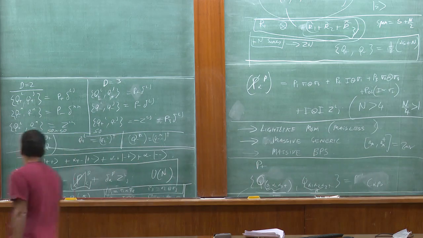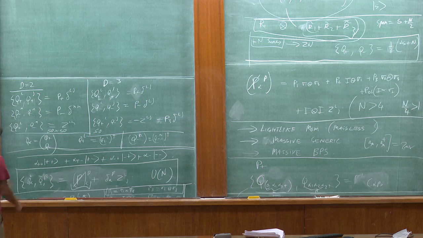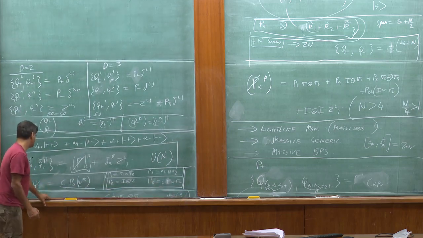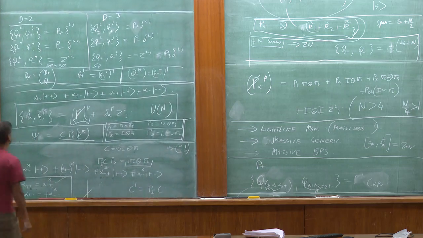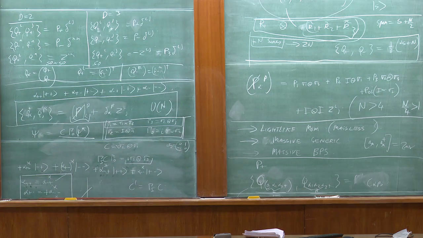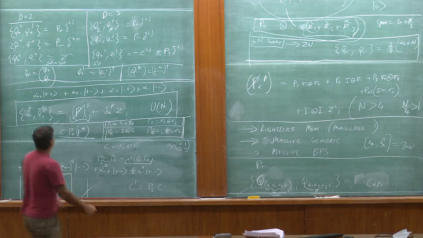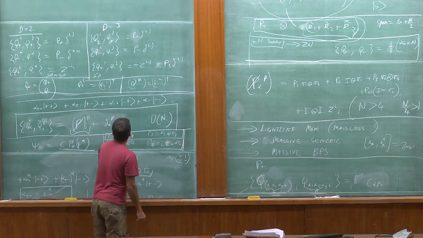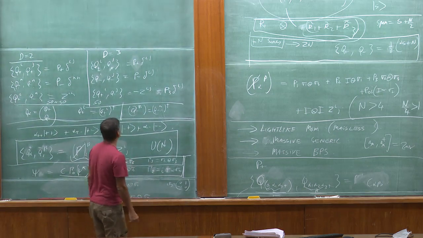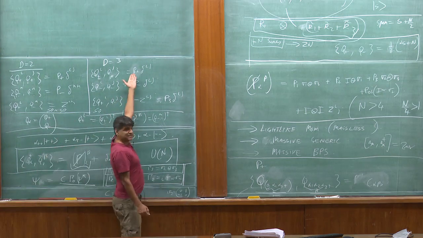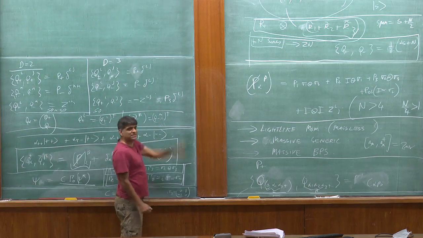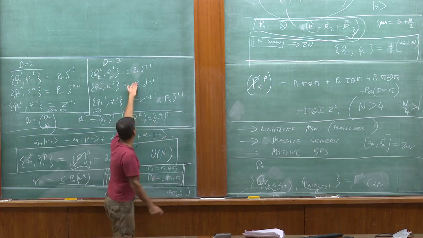Okay, now let's move up one dimension to d equals 3. Once again, for a light-like representation, we set p minus equals 0, p plus something, and we set Z to 0.